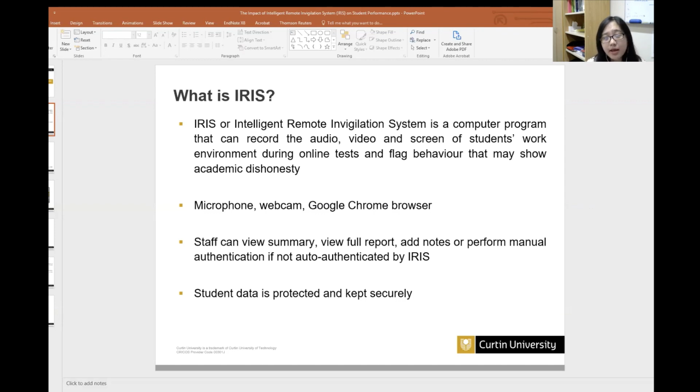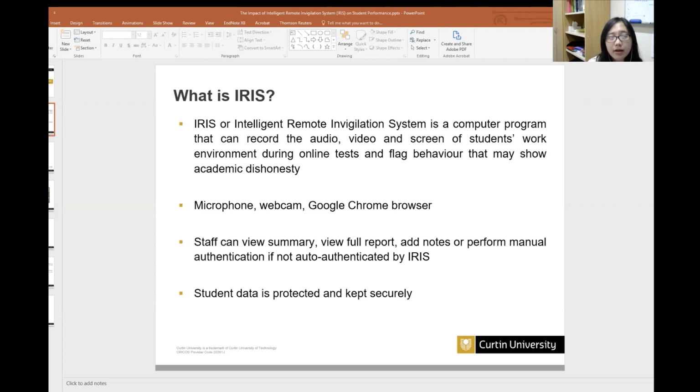During an online test or exam, ARIS records the audio signal from the student's computer microphone, video signal from their webcam, and takes successive screenshots of what the student is seeing on their computer screen. Facial markers are identified and checked to determine the orientation of the student's head and eyes during the test.